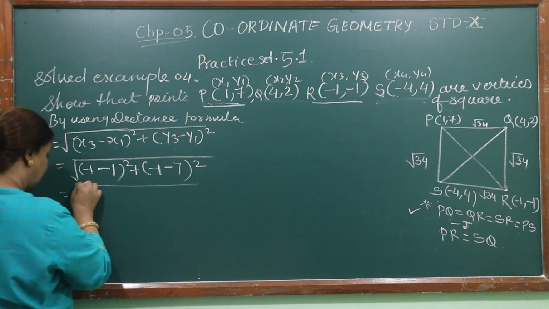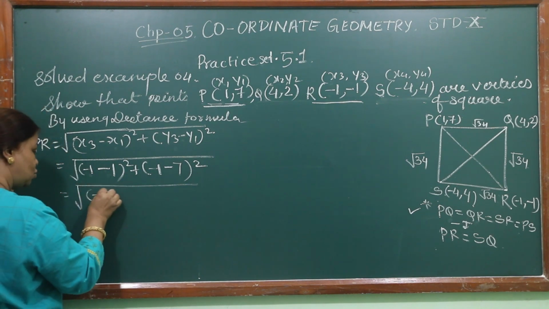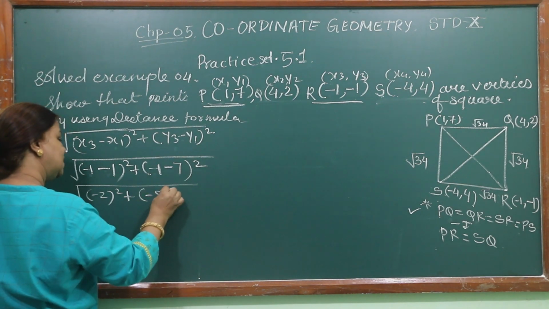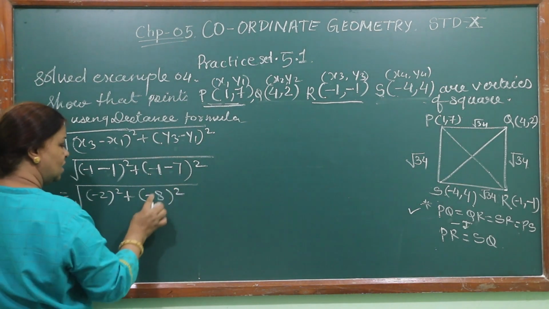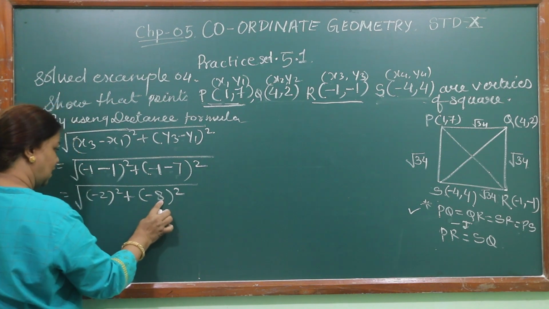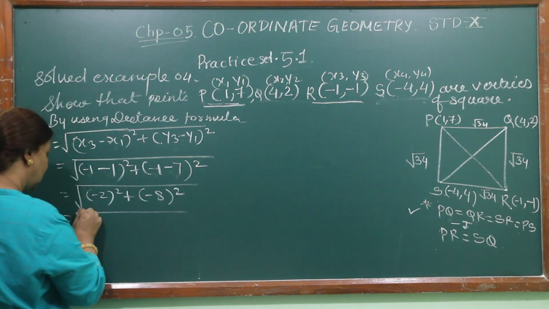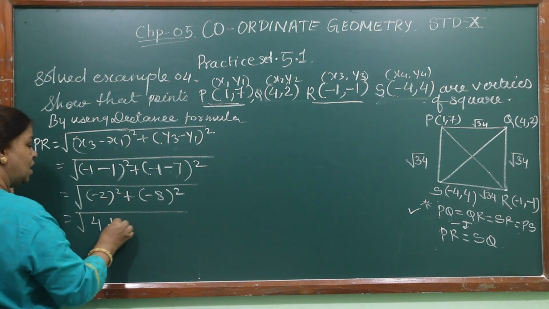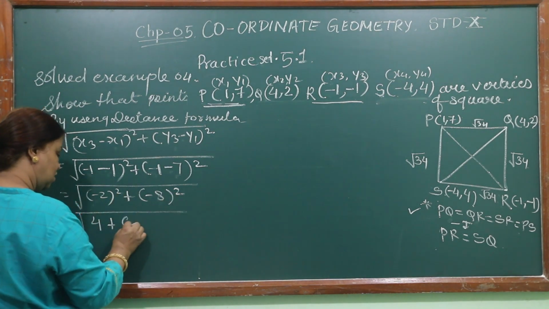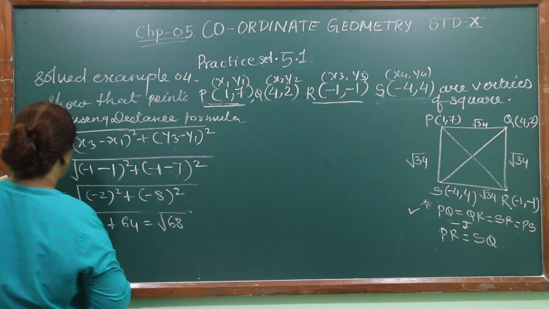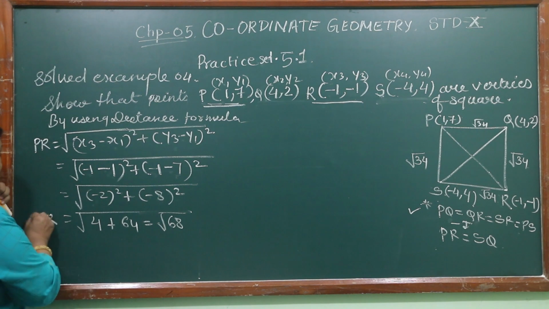Then we will be getting minus 1 minus 2 the whole square plus minus 1 minus 7 is minus 8 the whole square. Both are minus, so added, and therefore minus sign. So what are we getting now here? Minus 2 the whole square is 4, minus 8 the whole square is 64, which is equal to under root 68. So we got PR as under root 68.